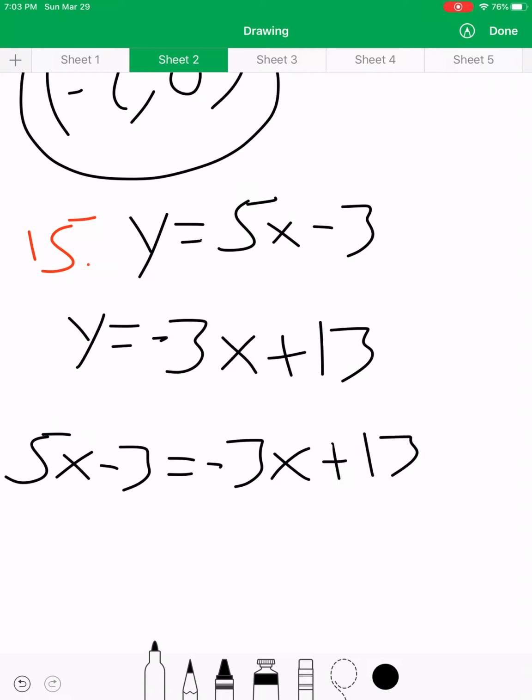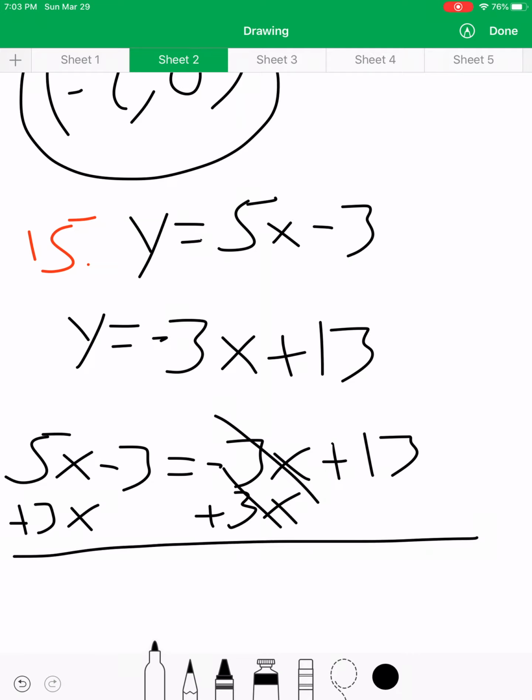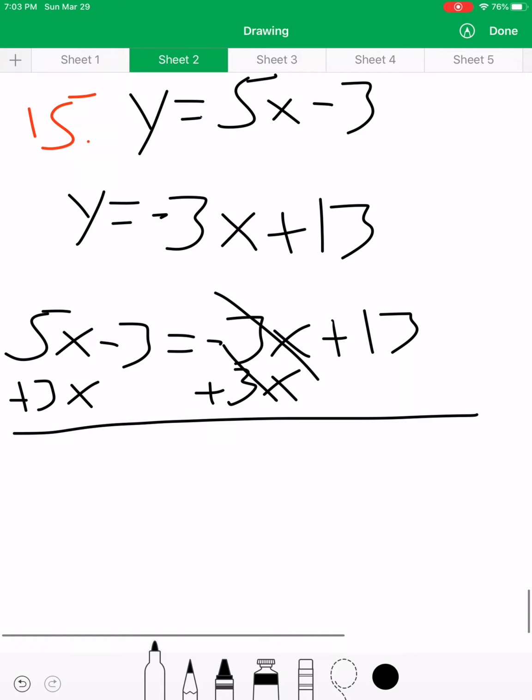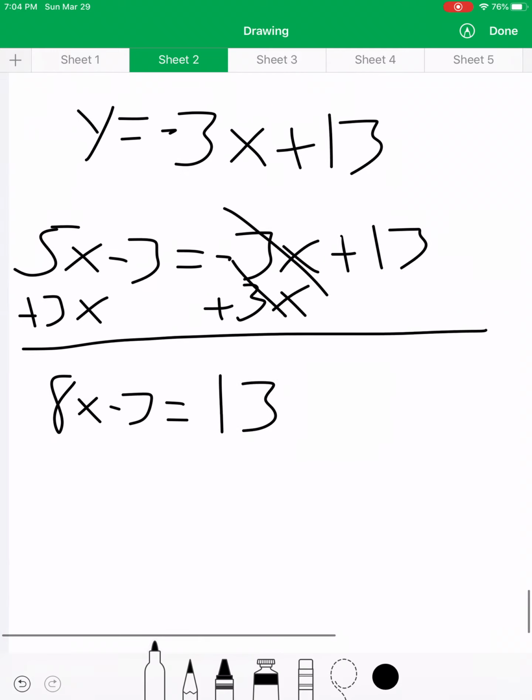All right, I want my variable to remain positive. So to do that, I'm going to move this -3x by doing the opposite, plus 3x, plus 3x. That goes away. On the left side, I get 8x minus 3 equals positive 13.